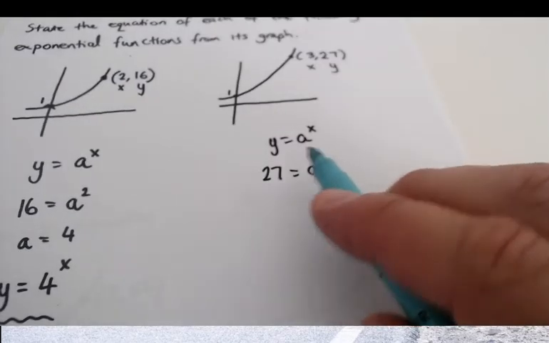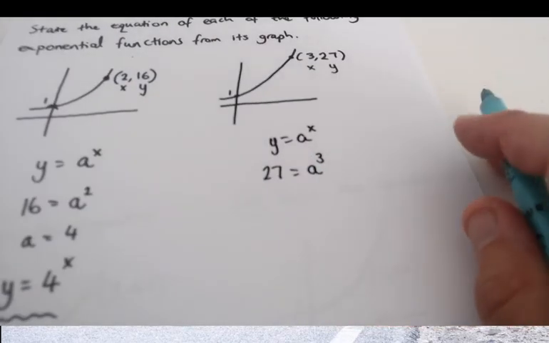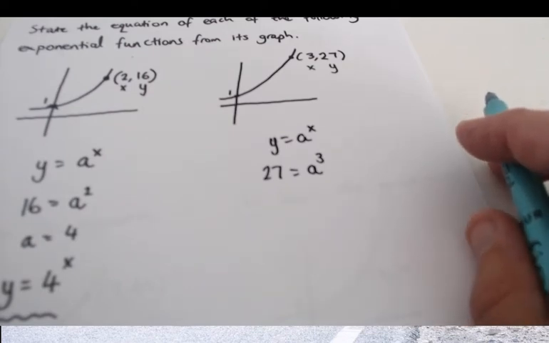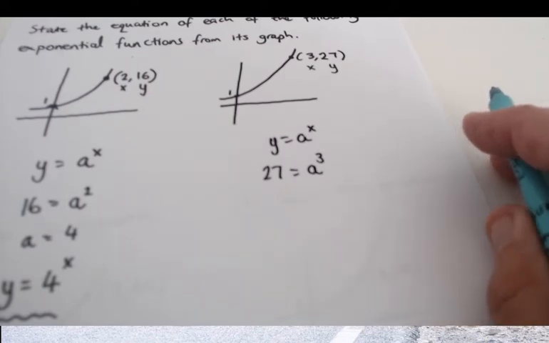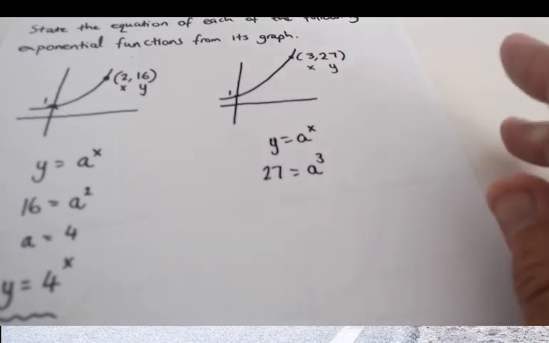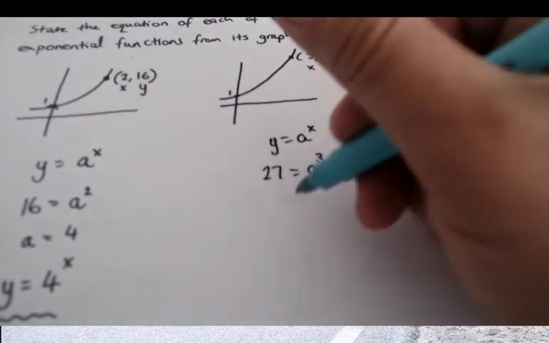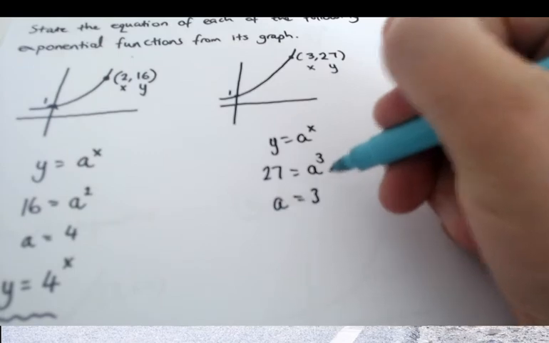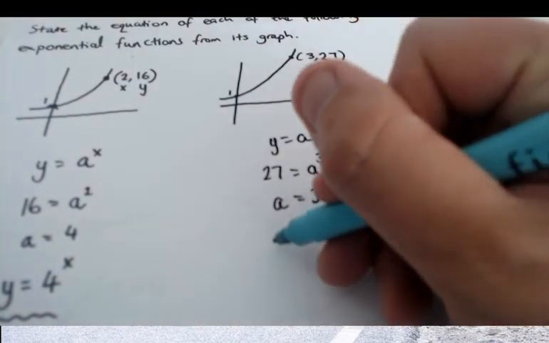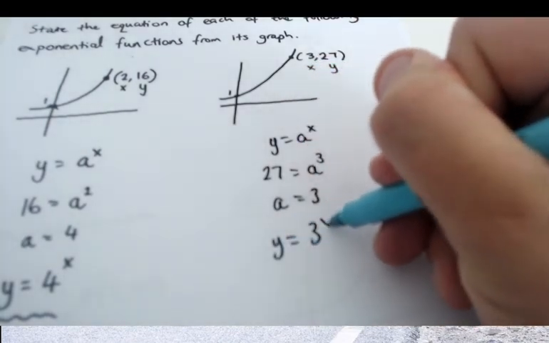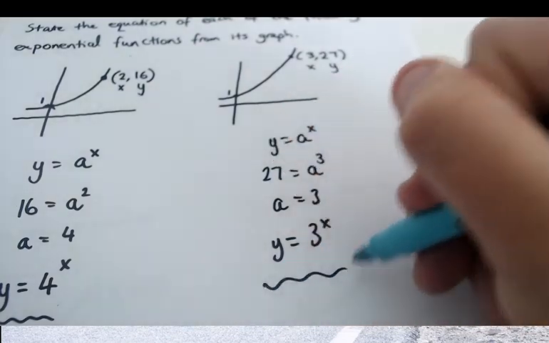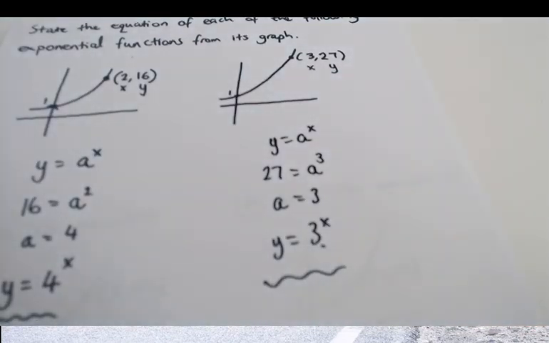Something cubed makes 27. Anybody? Well, 2 cubed is 8, so it's not 2. 3 cubed? 3 cubed is 27. 3 times 3 times 3. a equals 3. So in terms of my equation, it would be y equals 3 to the power of x. Remember, the whole point is we're trying to work out the a value.